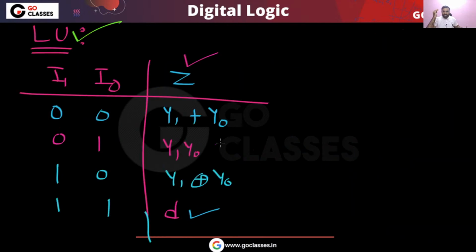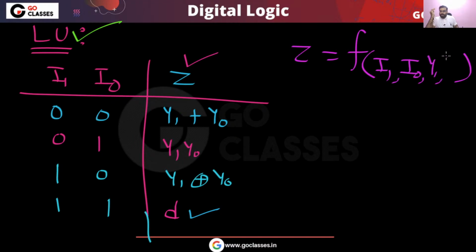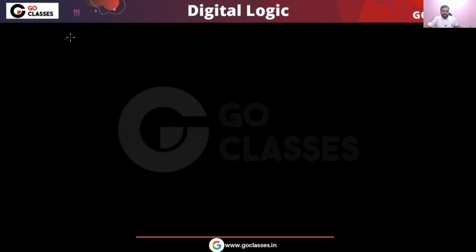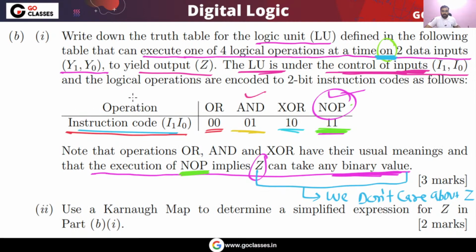So finally I can say this Z is a function of I1, I0, Y1, Y0. So you can write this function like this, and fill this table like this. Now, remember what we want to do.